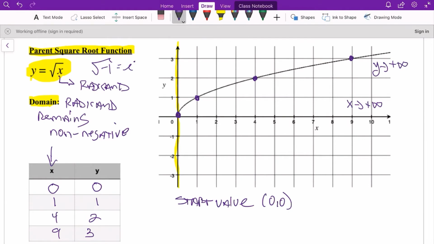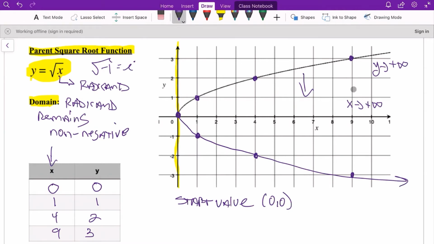If we were to reflect this graph over the x-axis and just mirror it, we would have this diagram here. So we would have 1, -1, and then 4, -2, and then 9, -3, and then the graph would look like this.